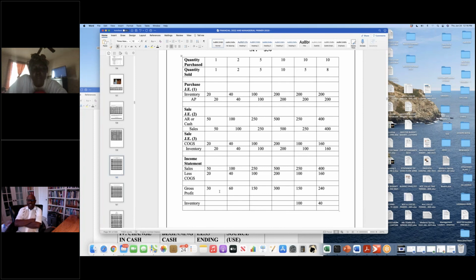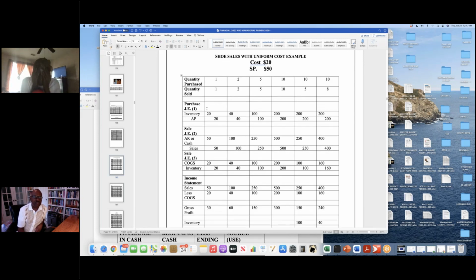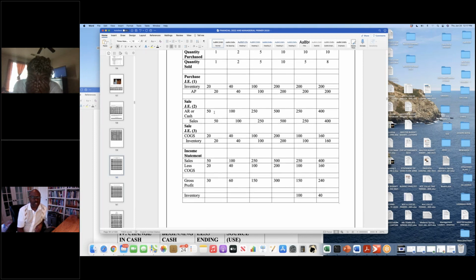So I'm gonna have to do that for, wait a minute. Okay, so for the transaction for the sale of shoes, for the first 3, let's say that they purchase shoes. Nothing. You just make that journal entry you made. But on that one sale, you debit cash and credit sales.